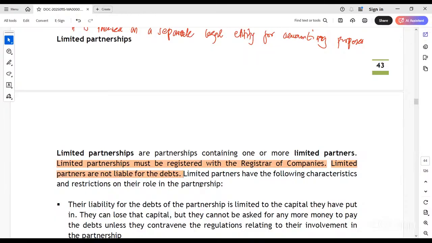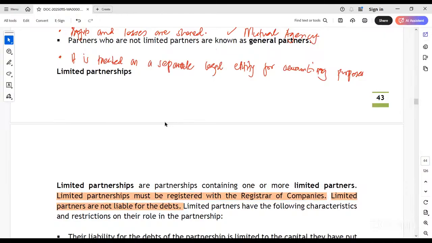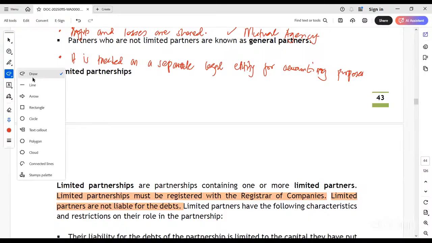If a limited partner becomes actively involved in management, they risk losing their limited liability status and could be treated as a general partner. In fact, under limited partnerships, there can be general partners.